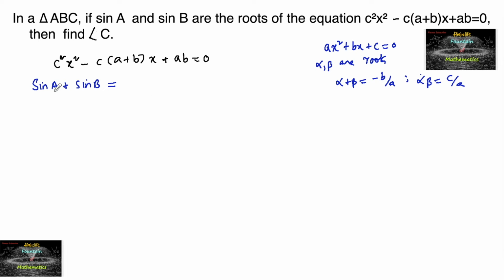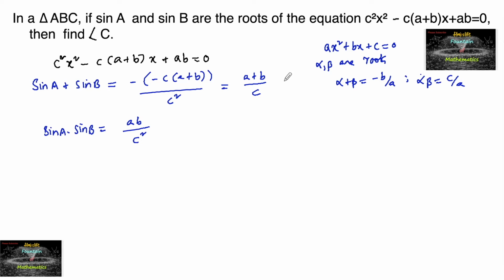So here alpha is sin A and beta is sin B. So sin A plus sin B is equal to c times (a plus b) upon c square, that is (a plus b) upon c, and also sin A into sin B, the product of the roots, is equal to ab upon c square. Let us make this equation 1 and this is 2.